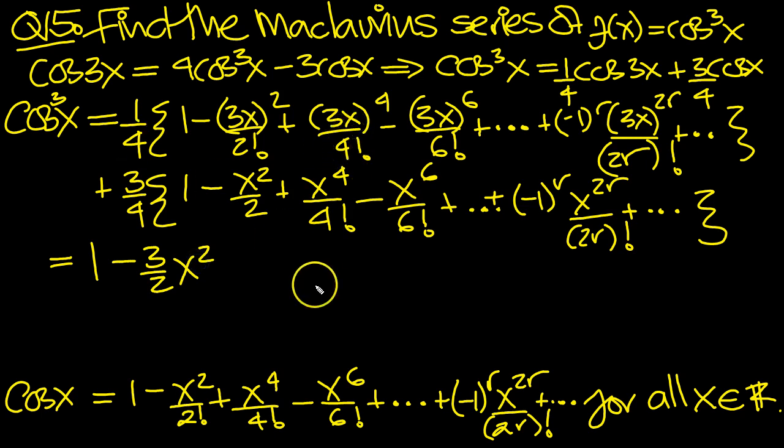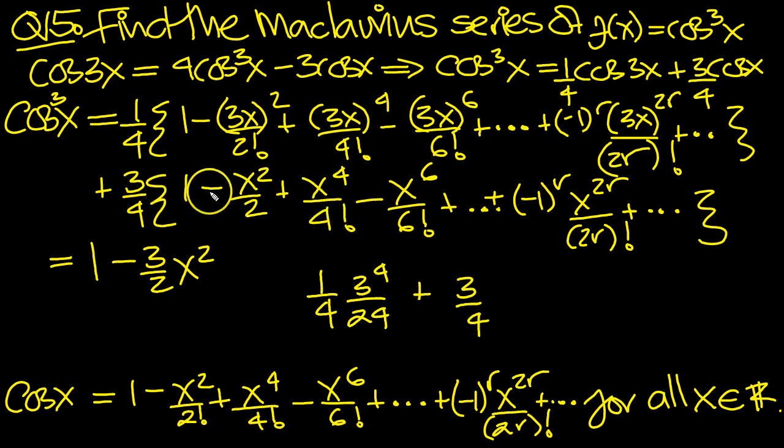Now the x to the 4. We've got 1/4, 3 to the 4 over 4 factorial, which is 24. That's that term there. And the other term is plus 3/4 times 1 over 24.